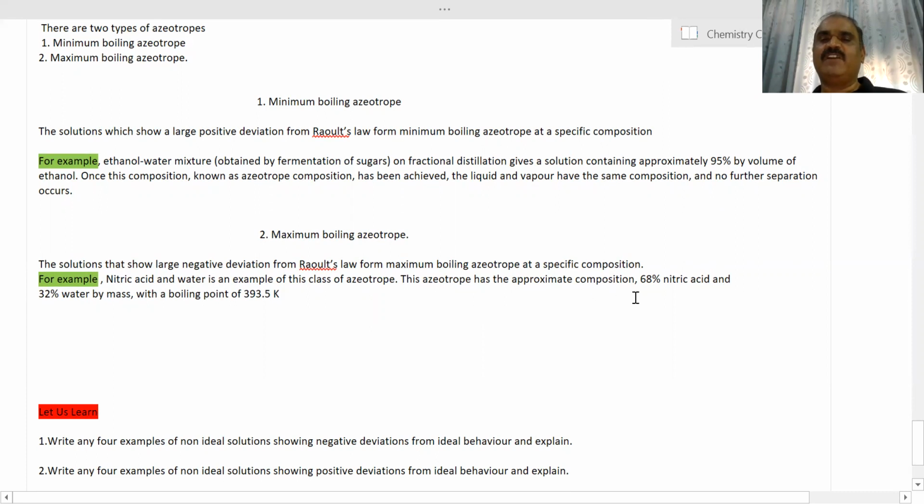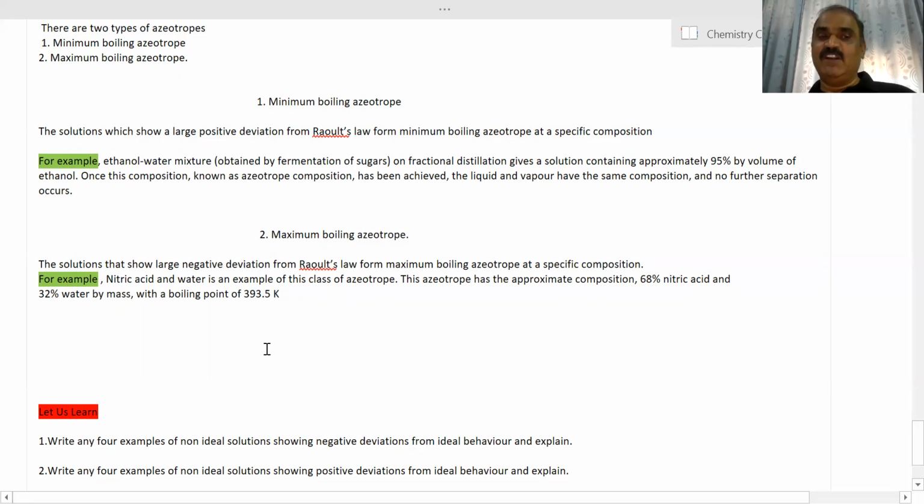A solution having 68% nitric acid and 32% water by mass. By mass here, 68 gram nitric acid, 32 gram water mixed together. And boiling point of this solution is 393.5 K. You know, boiling point of water is 373.